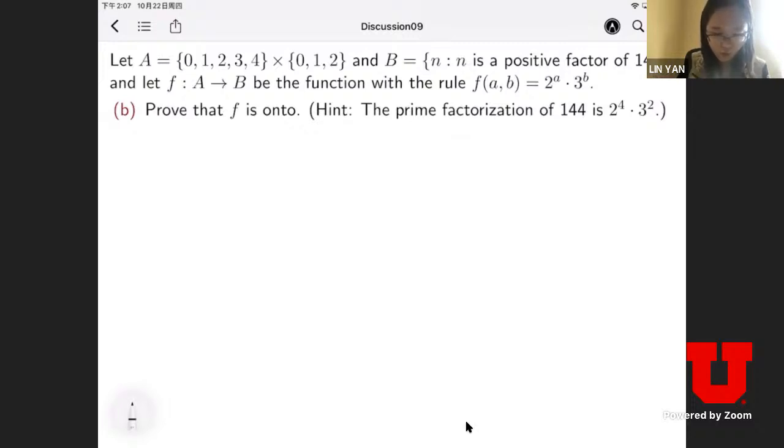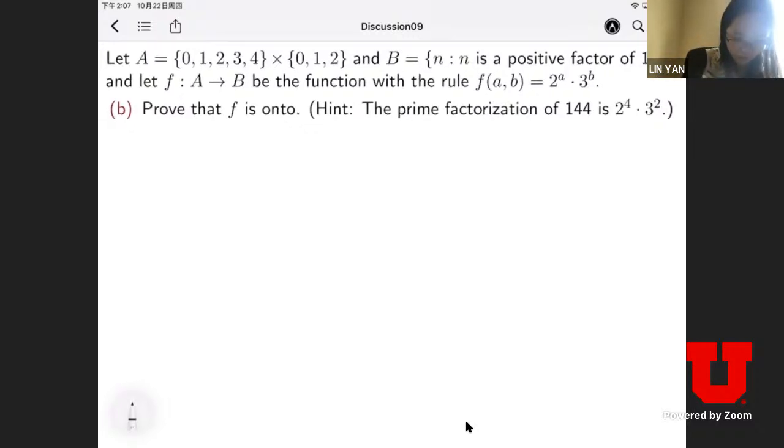So if we want to prove f is onto, we can assume we pick an element from the codomain. The codomain is B. We can assume c from B.